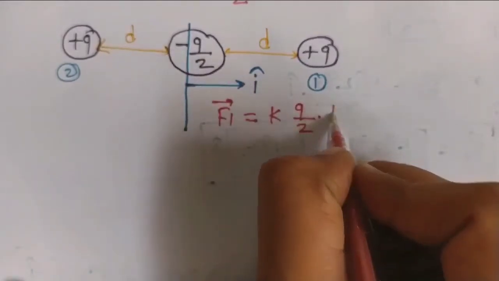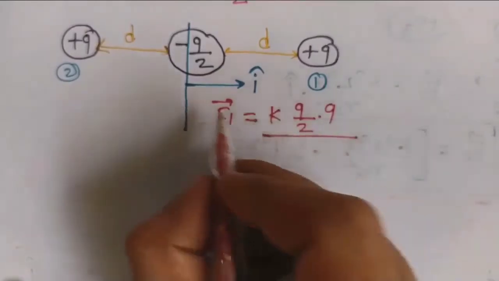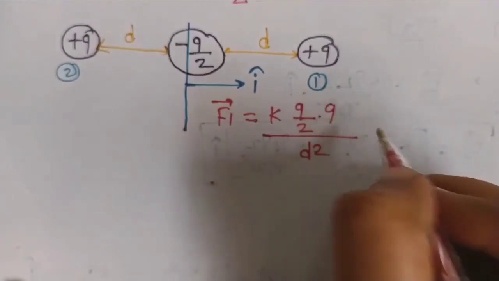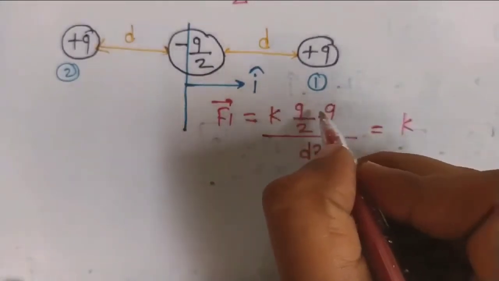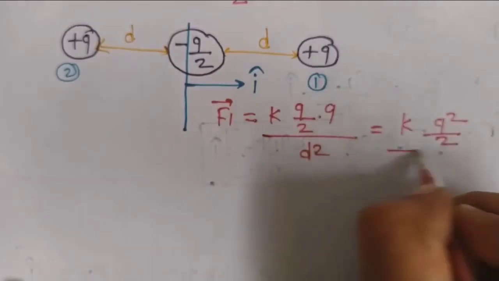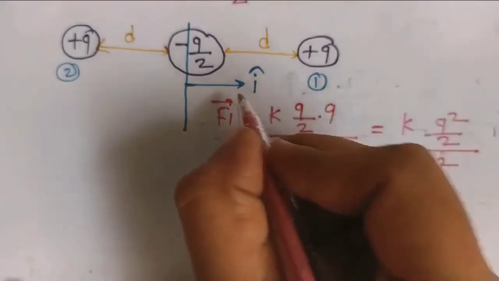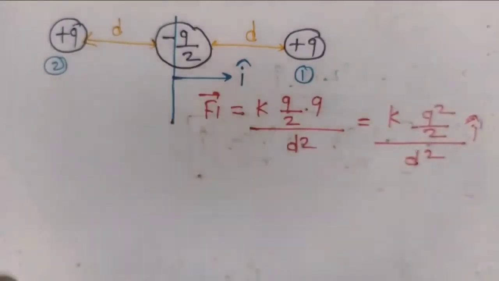We have to take only the magnitude, not take this sign. K Q by 2 Q upon D square is equal to K into Q square by 2 upon D square. This is F1 and the direction is in the right hand direction, therefore it is positive I cap.